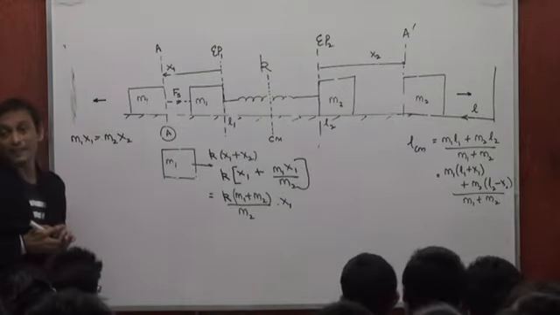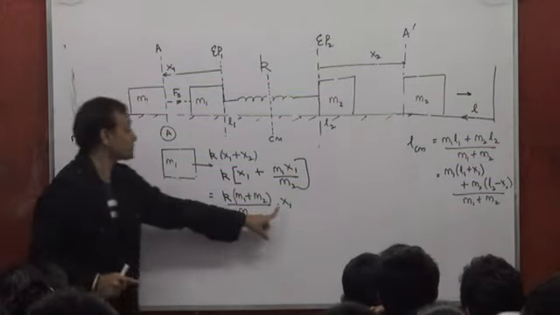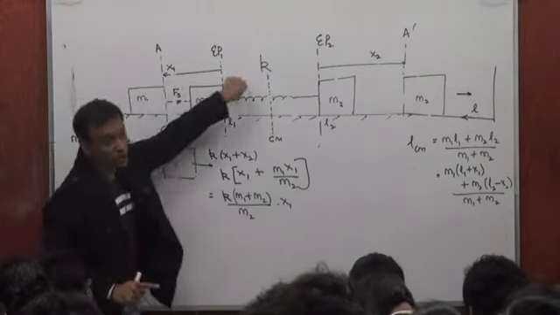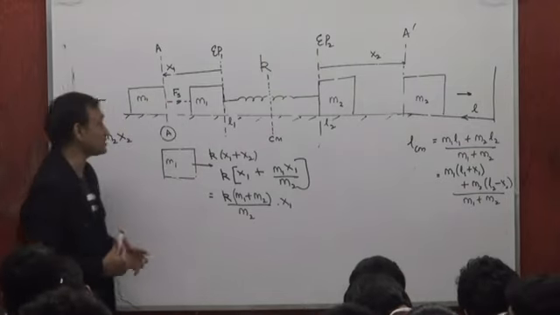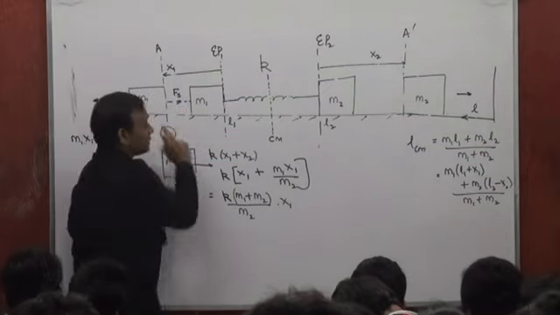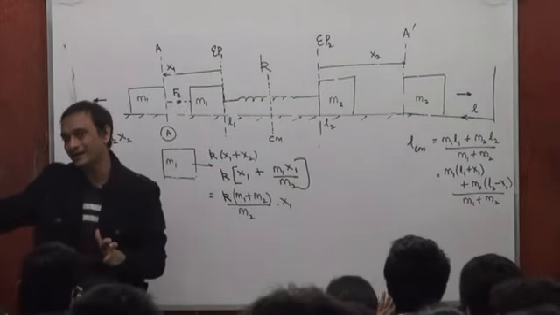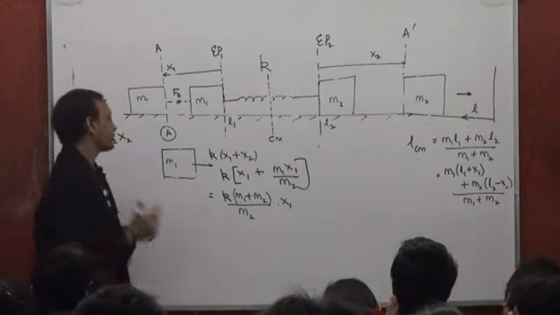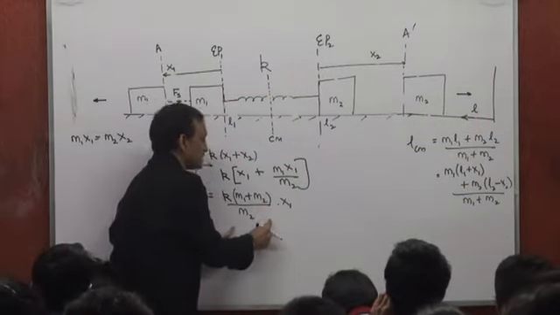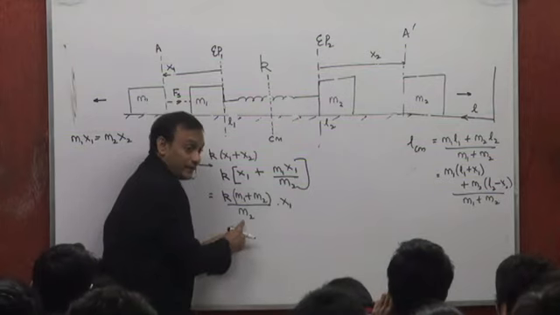That's the magnitude of the restoring force, which is proportional to x1, the displacement from the equilibrium position. So the motion of m1 is obviously simple harmonic, where the k of the system is k into m1 plus m2 by m2.